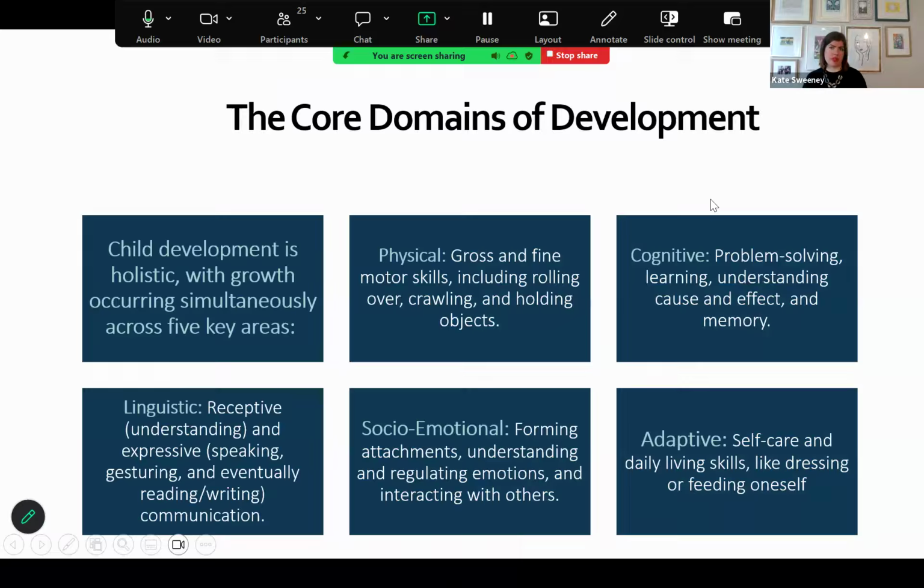So a couple of considerations as we're building on this topic. Child development is holistic, right? With growth occurring simultaneously across 5 key areas, and those are outlined for you here. When we think about development, I think the most obvious, right, is physical, because it's the most visible. I didn't mean to rhyme, but it did.